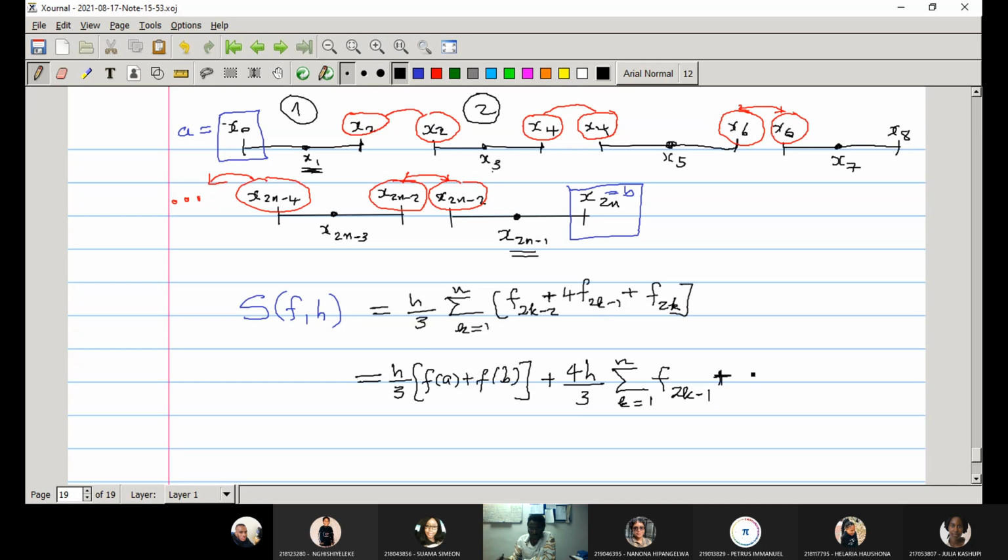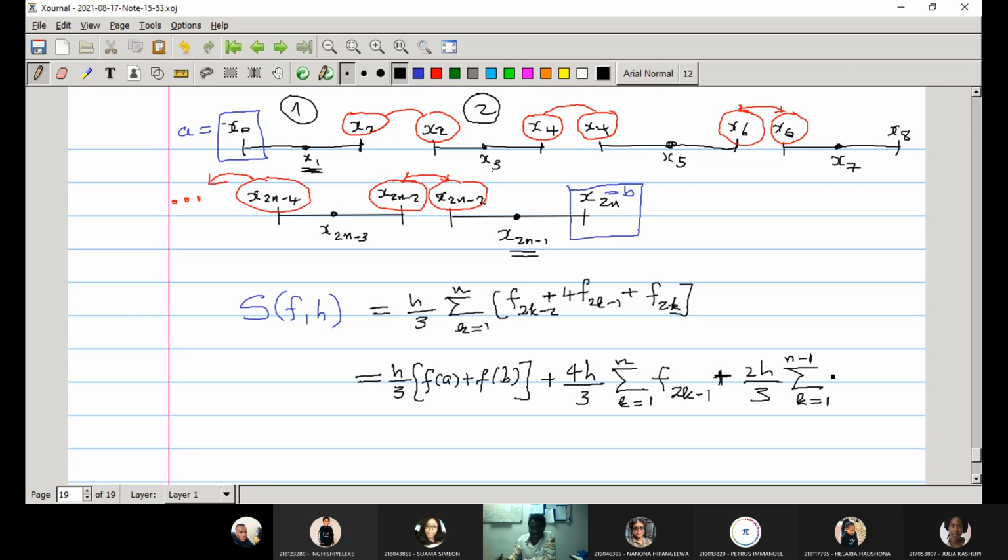So here we have 2h by 3 with the sum here, right? Now we will sum k from 1 to what? From 1 to n minus 1, because I cannot put n here because 2n is already here in B. So this will be n minus 1.